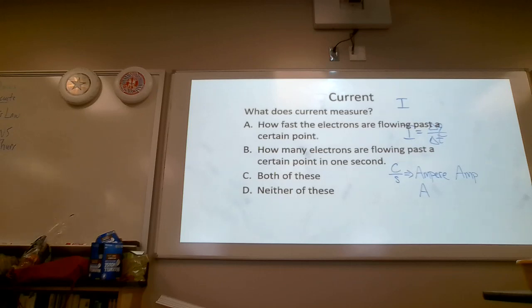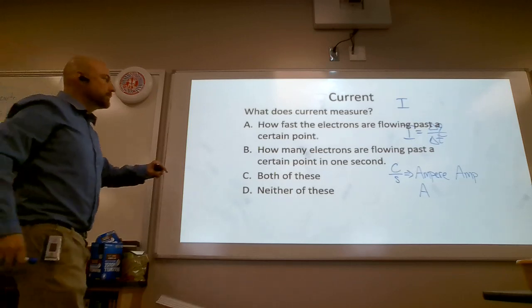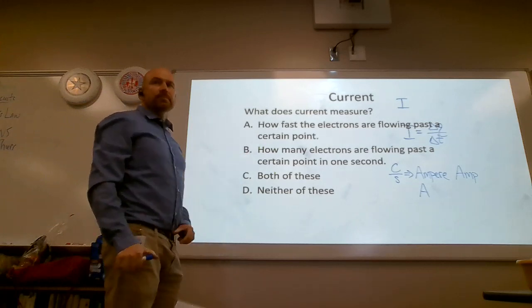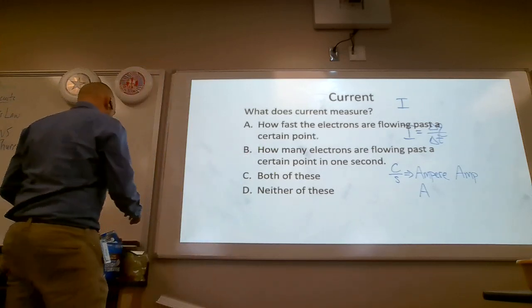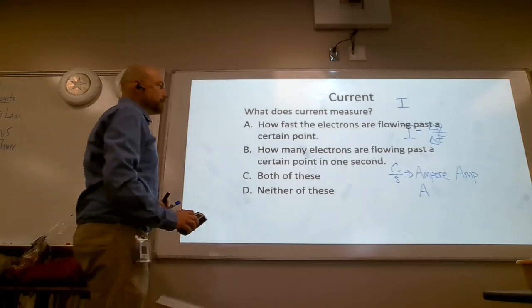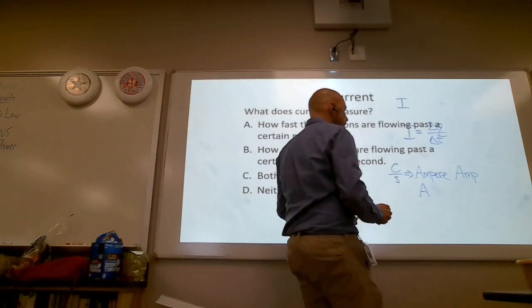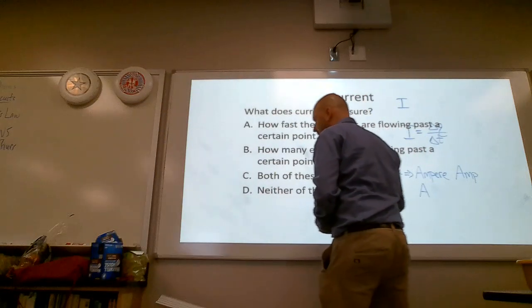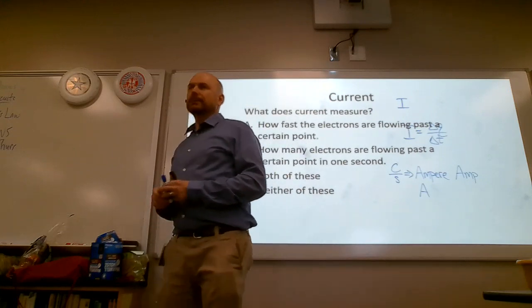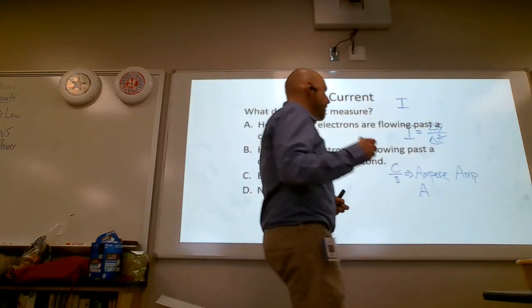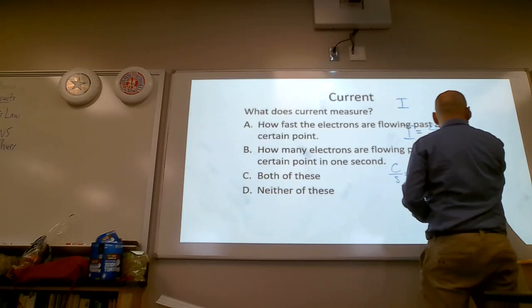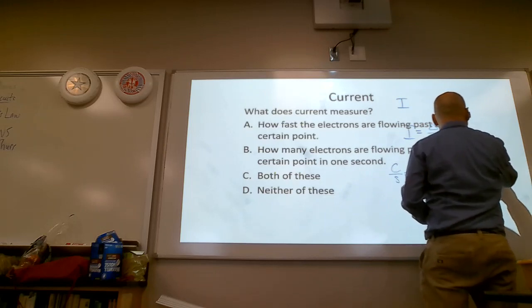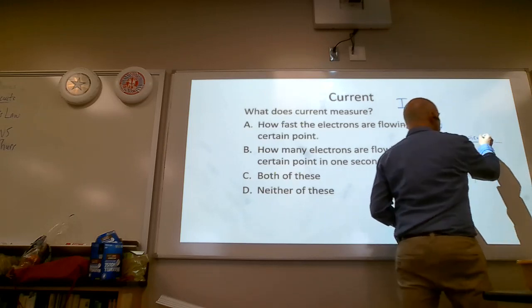Correct answer is B. Okay, so current does not measure how fast the electrons are going, but simply how many. So let's say this is a wire.